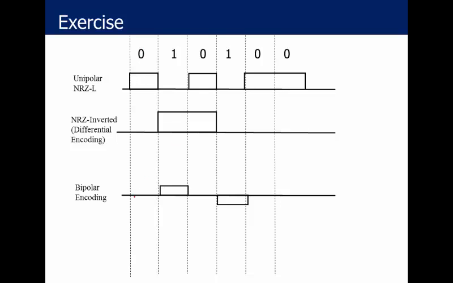So 0 means there is no change. 1 means there is a change, a transition, but we need to send half voltages, say 2.5 volt.